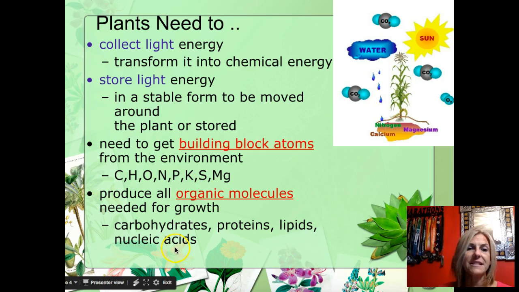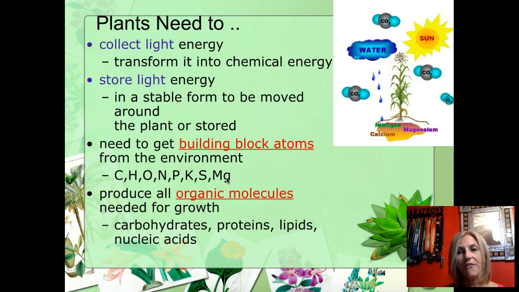We know phosphorus is needed for nucleic acids and phospholipids that are in all cell membranes. We know potassium is needed for the sodium-potassium pump. We know sulfur is needed to make proteins. And magnesium we haven't talked about yet, but it is a component of chlorophyll. So we're really going to need magnesium if we're going to be able to photosynthesize.